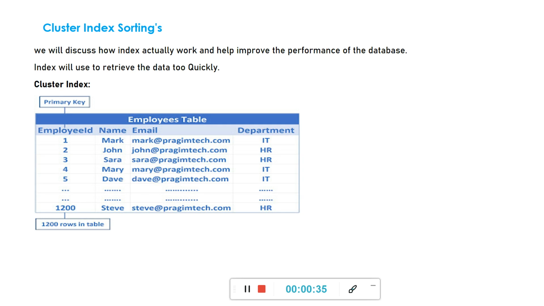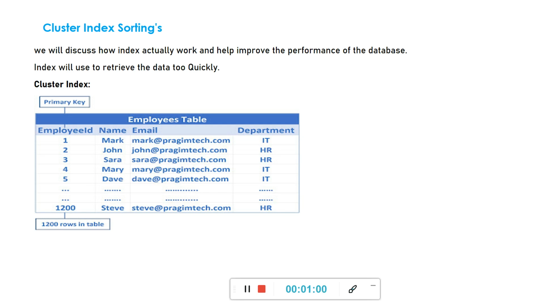Before explaining how indexes sort the data, I'm going to give some brief about what indexes are and how many types of indexes there are. The main purpose of indexes is to retrieve data quickly, which helps improve the performance of the database.